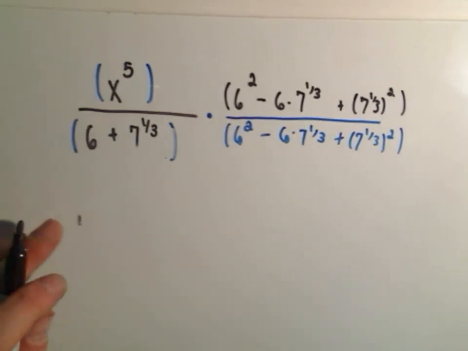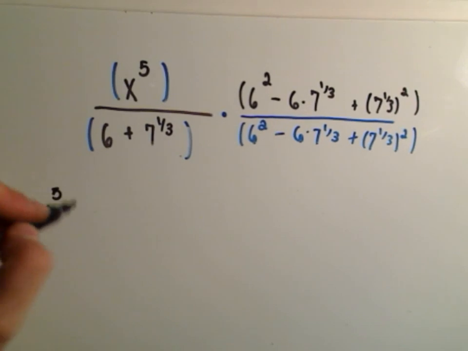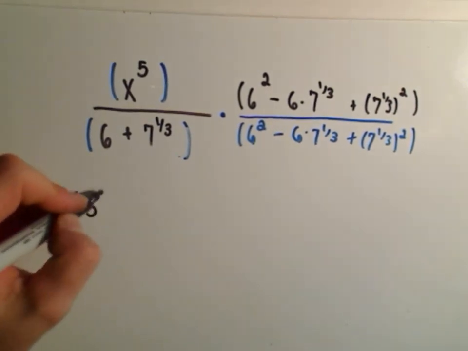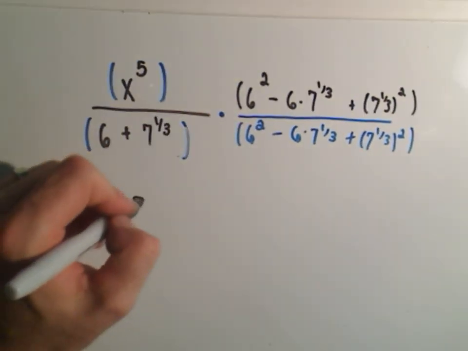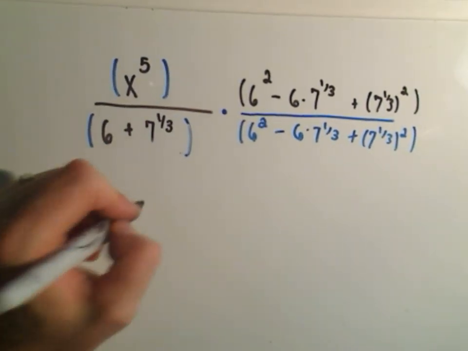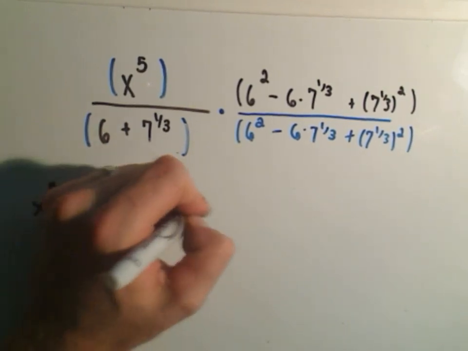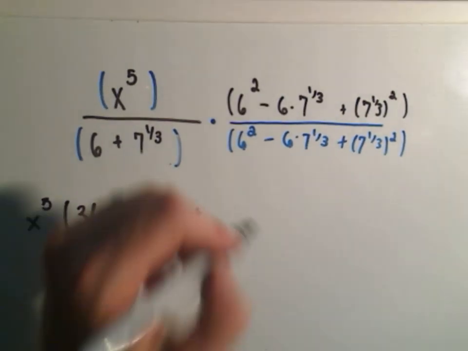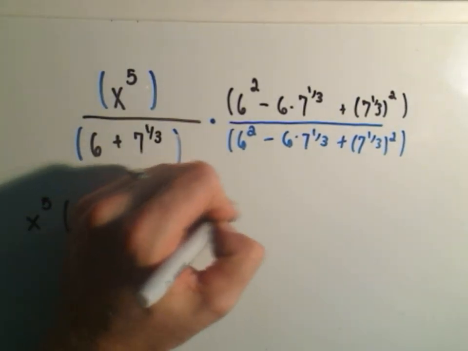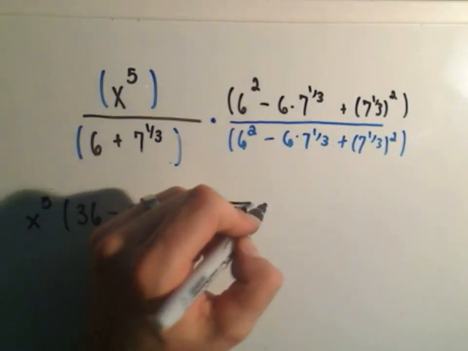So you get x to the fifth times 36, 6 squared is 36, minus 6 times the cube root of 7, plus 7 to the 2/3 power, which equivalently I could write as the cube root of 7 squared, or 49 if I wanted to.